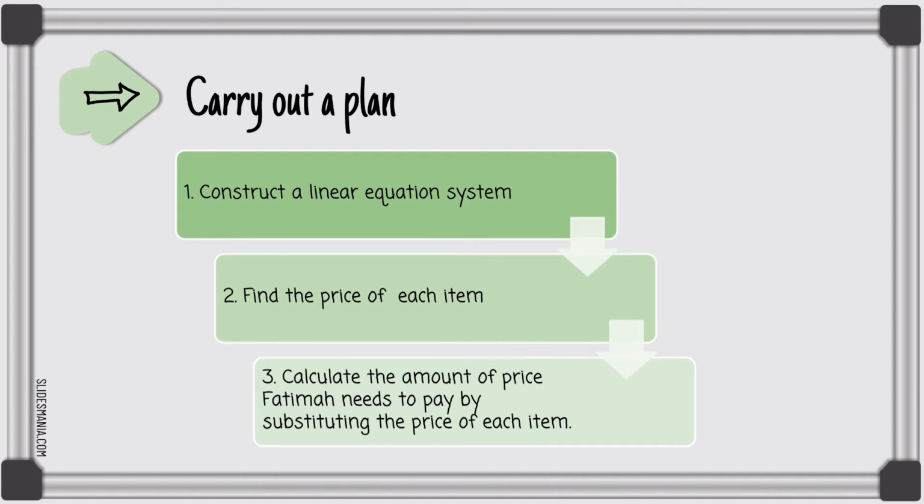Then, we have to find the price of each item since the question wants us to calculate the amount of price Fatima needs to pay. To do that, we will substitute the price of each item into the equation that we will construct for the price of items Fatima buys.